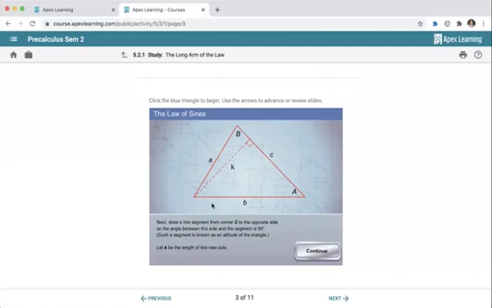So what we can do then is draw a line segment from this corner C to the opposite side in order to make a right triangle, or technically two right triangles here. And this segment is known as the altitude of the triangle, and we can now assign it its own length here, K.